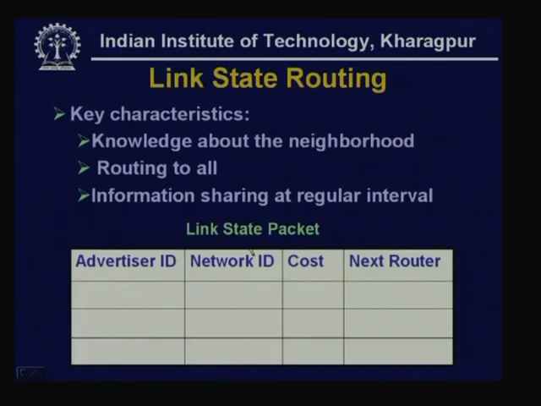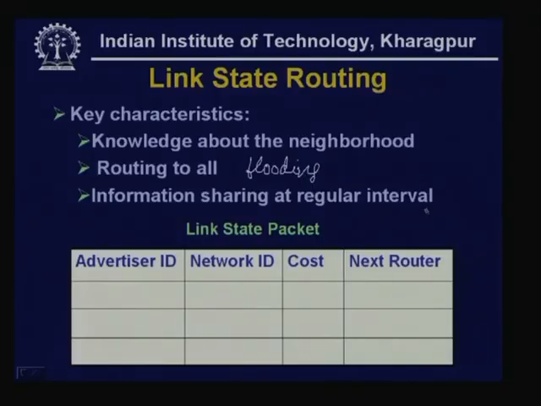So, the basic idea is that it uses knowledge about the neighborhood and then routes to all by using flooding, as we have seen. It uses flooding to send the information to all the nodes, and information sharing is performed at regular intervals, just like distance vector routing. And this link state packet is being sent to all the other nodes.